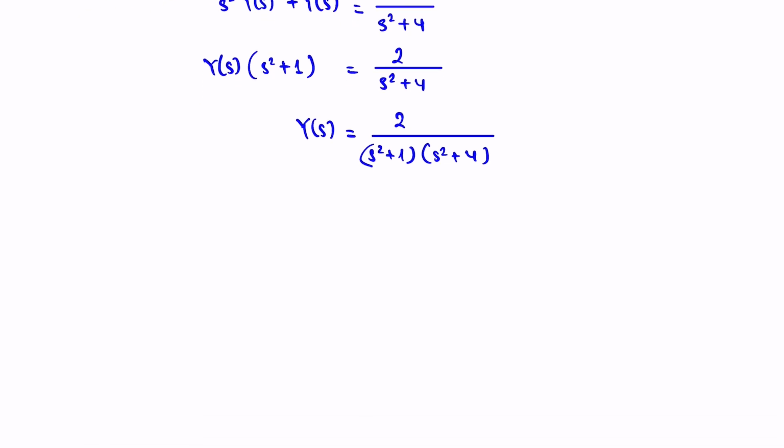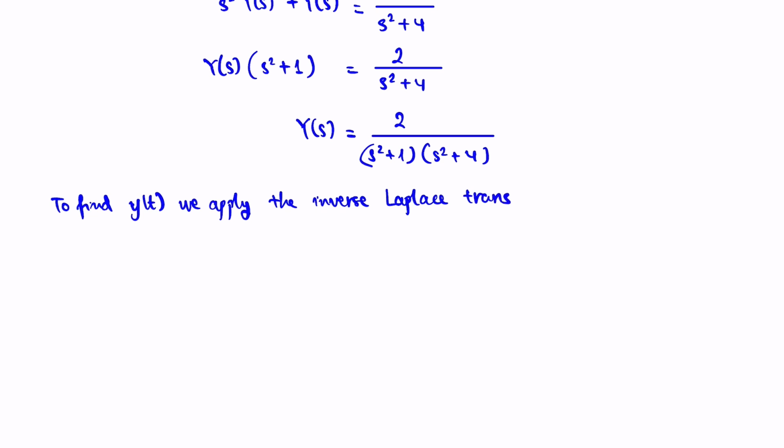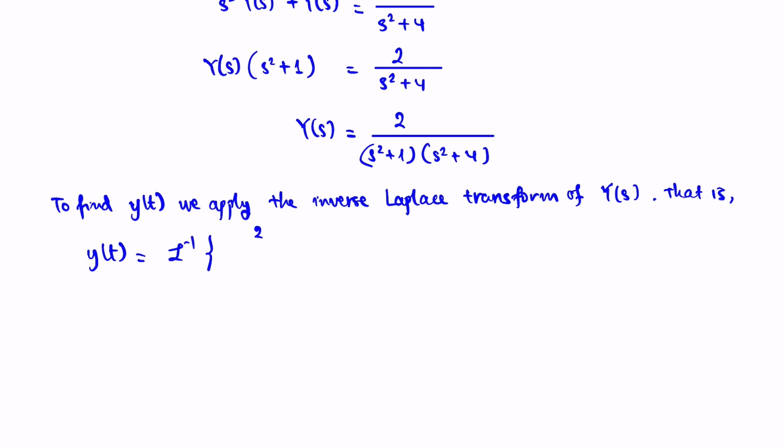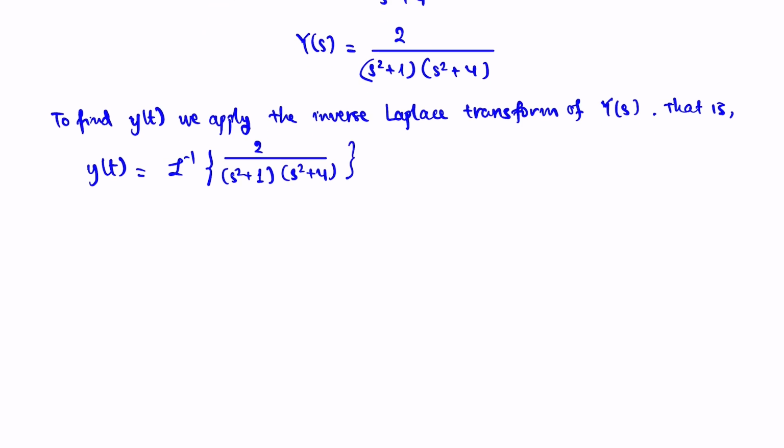So to find y of t, we apply the inverse Laplace transform of capital Y of s. That is, y of t equals the inverse Laplace transform of 2 over s squared plus 1 times s squared plus 4.